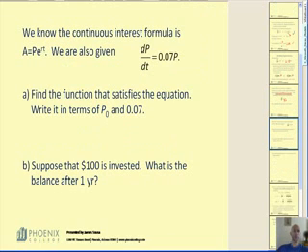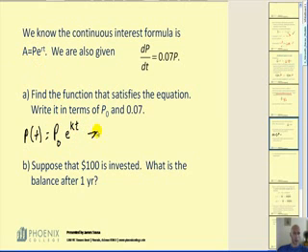Let's look at this in more detail. We know the continuous interest formula from algebra is A equals P times e to the power of rt. Well, the formula that we just referred to is just a slight variation of this. Essentially, we're using P of t instead of A, we're using P sub 0 instead of P, and we're using k instead of r.